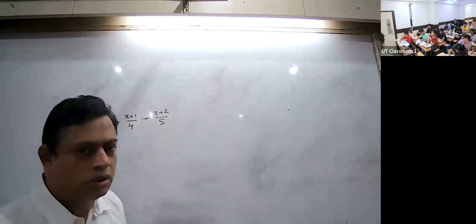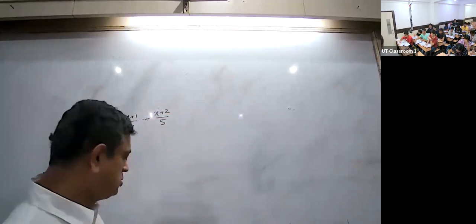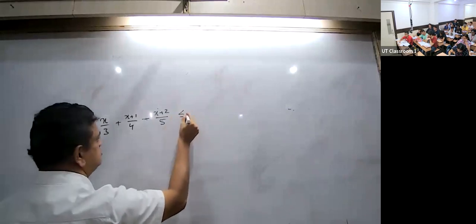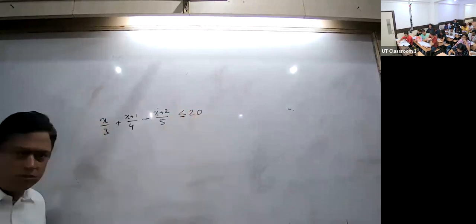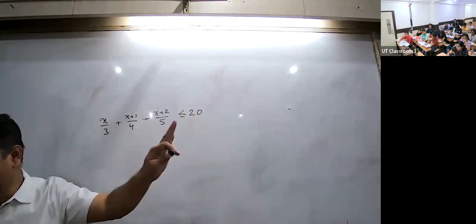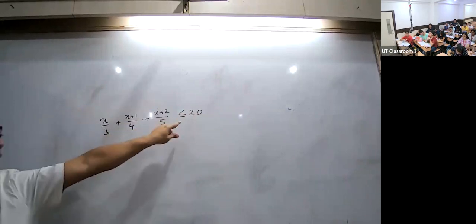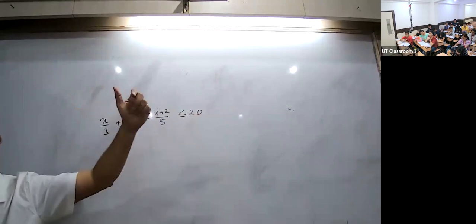What is given? At most 20. What is the meaning of at most 20? Maximum 20. How will you write maximum 20? Less than or equal to. Maximum is 20, it cannot be more than 20. Sum of these is less than or equal to 20.